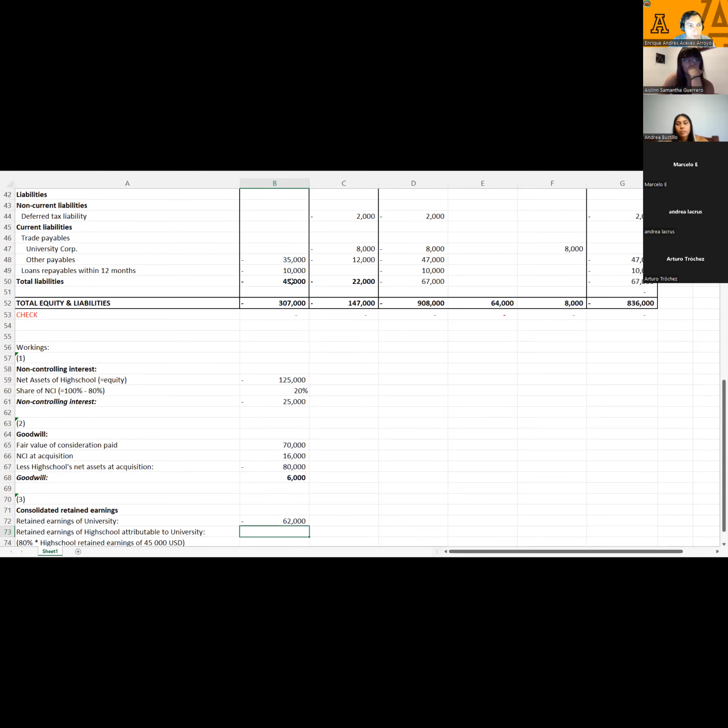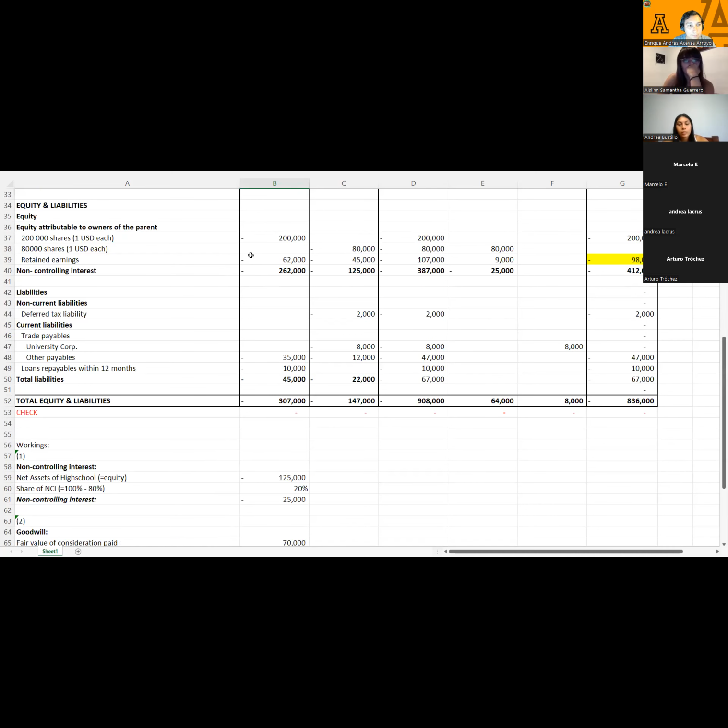But how much of the high school retained earnings is mine from the parent's perspective? How much would you charge to the high school for being its parent?